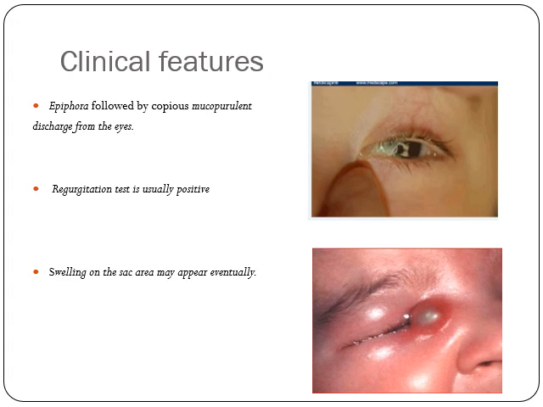That is the Rappaport test. When you apply pressure over the lacrimal sac area, there is purulent discharge, regurgitation from the lower puncta, as shown in the first image. Then there can also be swelling over the sac, as shown in the second image.